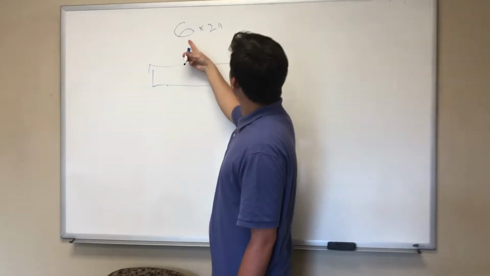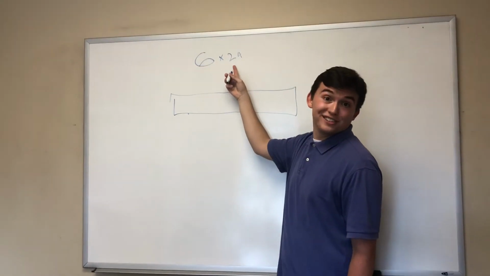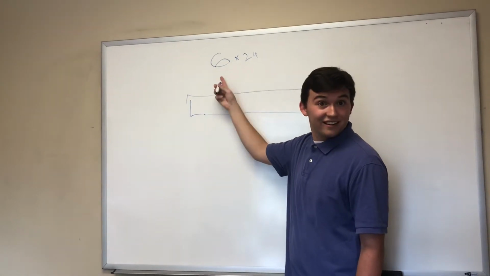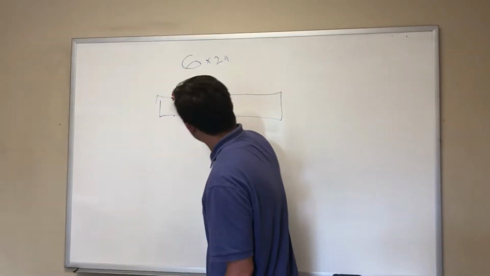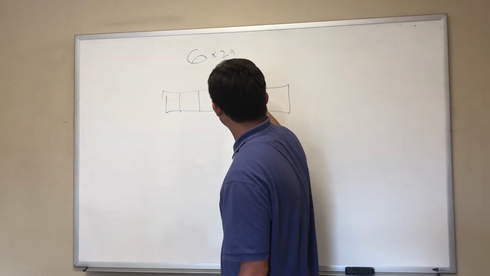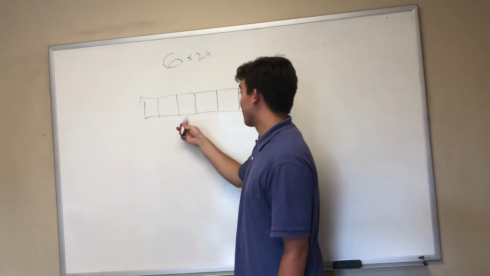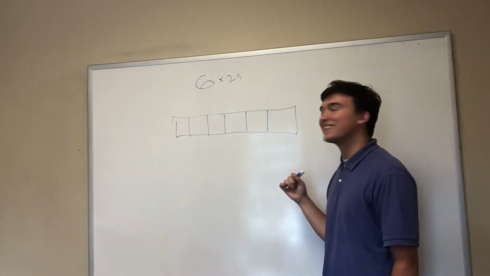So, I can make 6 boxes, or I can make 24 boxes. I think one's gonna be a lot easier. 6 boxes, let's do it. So we go 1, 2, 3, 4, 5, 6. Okay, good. We got 6 boxes.